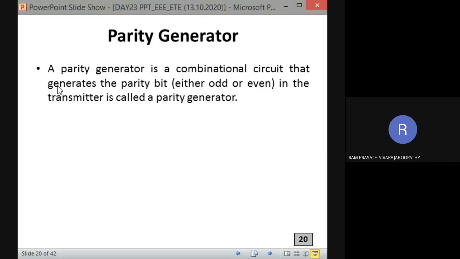It generates the parity bit, either odd or even, and the user has to decide that. There are two types of parity generator: odd parity generator and even parity generator. So a parity generator is used to generate either odd parity or even parity, so that your entire information is going to be odd parity or even parity.